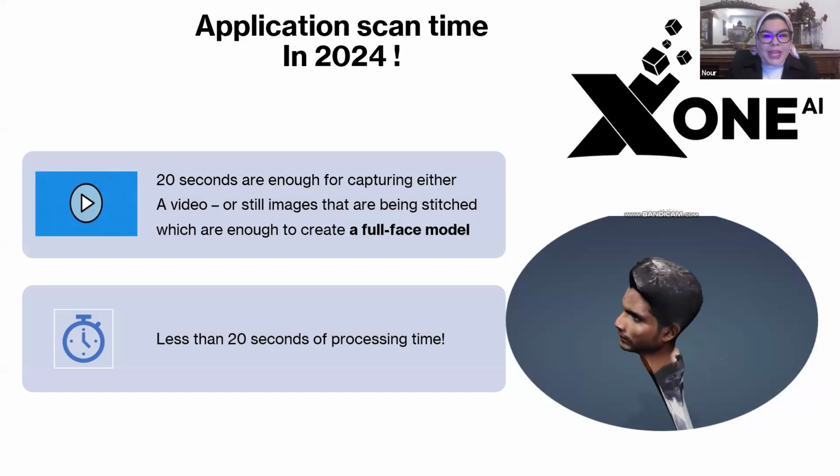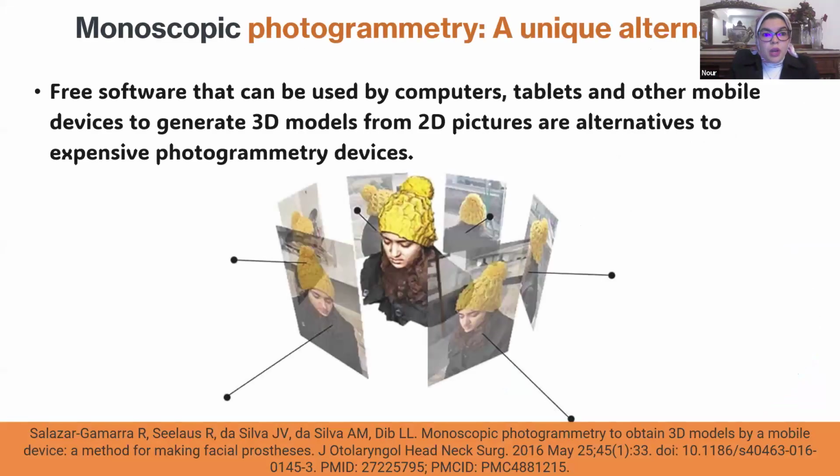Anyhow, I only need 20 seconds and 20 photos, and also less than 20 seconds of processing time, and you got your model. So according to Professor Rodrigo Salazar Gamara, a pioneer in this field, in this very interesting research, the free softwares that can be used by computers, tablets, or other mobile devices to generate 3D models from two-dimensional pictures are alternatives to the expensive photogrammetry devices.